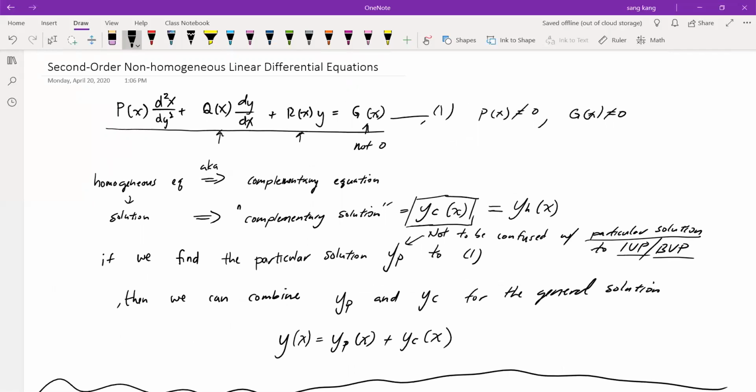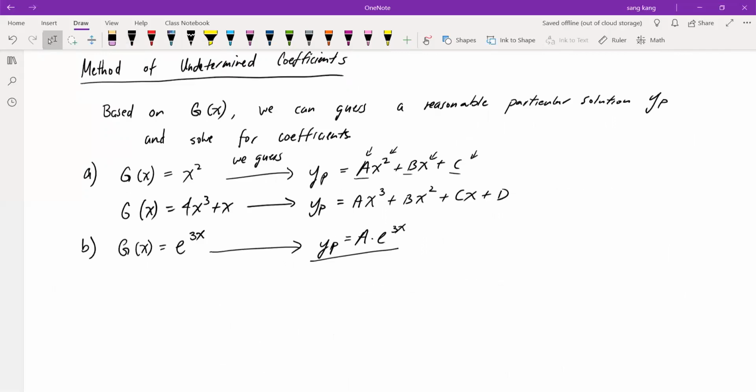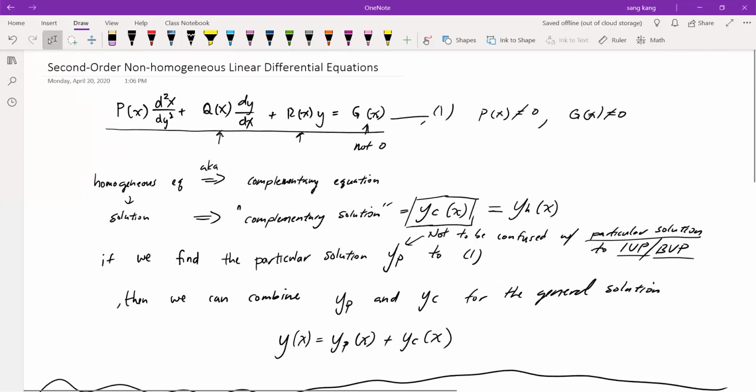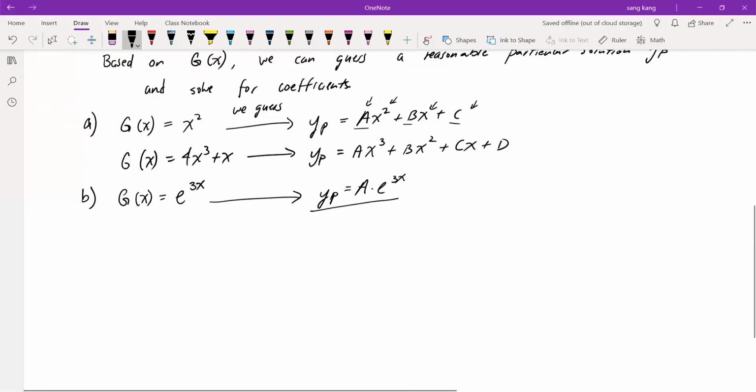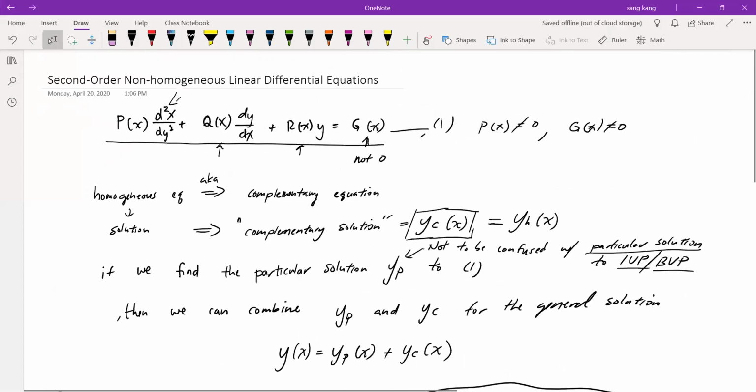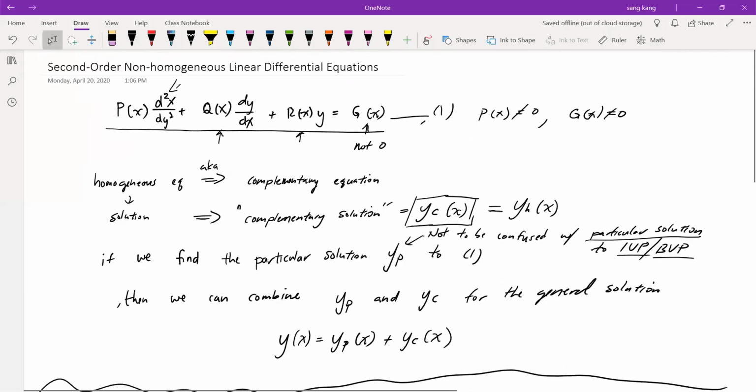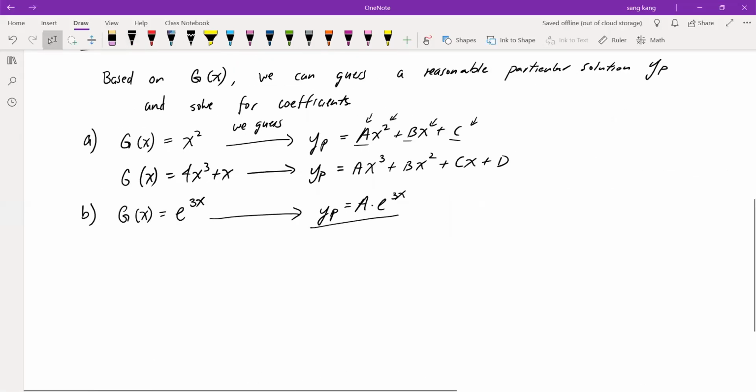Well, if you look at the solution intuitively, it makes sense because the exponential term, when you differentiate it, and this is going to be twice because we have a second order, you're going to get itself, right? So you can see that the same function will manifest itself on the left-hand side when we guess for a solution, right? So when we're talking about polynomials, that's why we want to include all these terms.